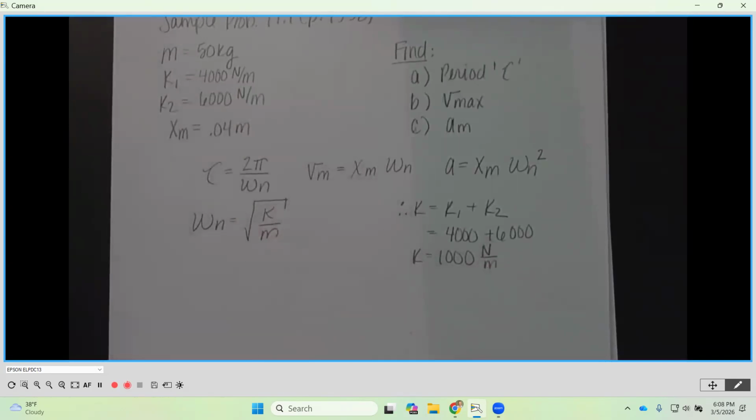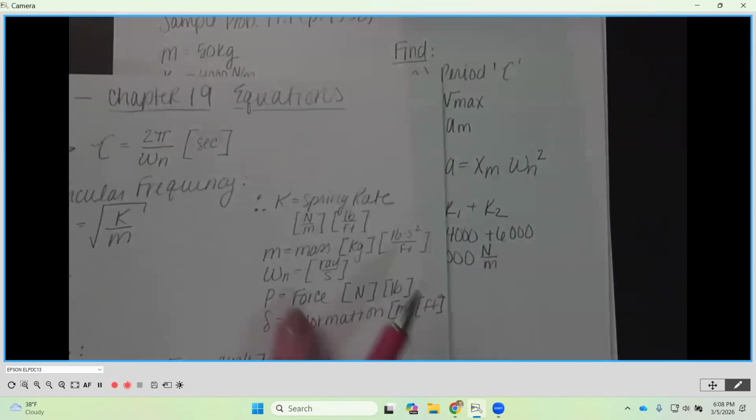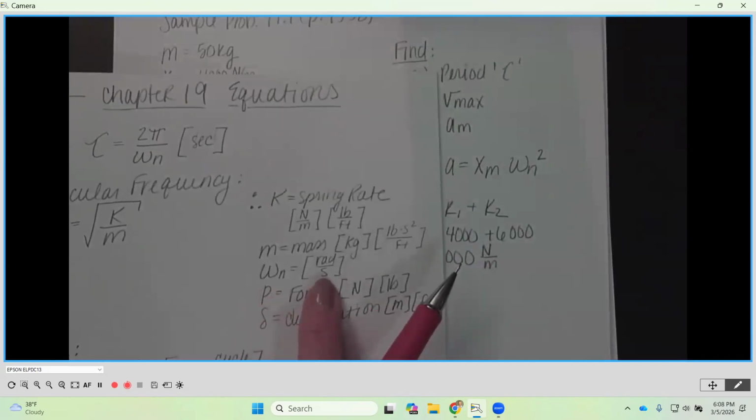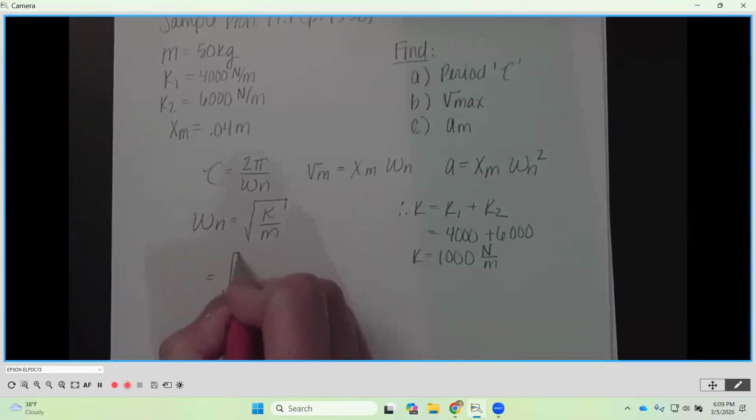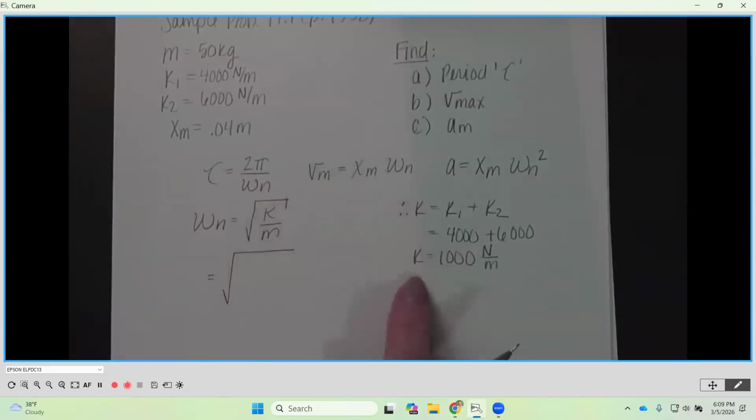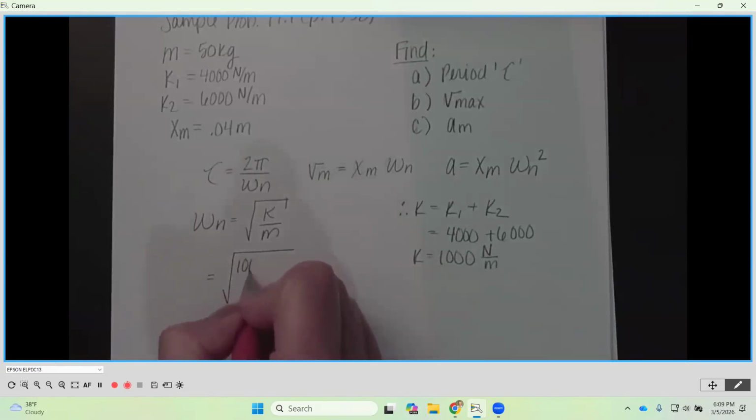And if you recall, our units for natural circular frequency are radians per second. So I want to make sure that you see why and how we're getting that, okay? So I'm going to put this underneath our radical. And I'm going to put 10,000 on top.